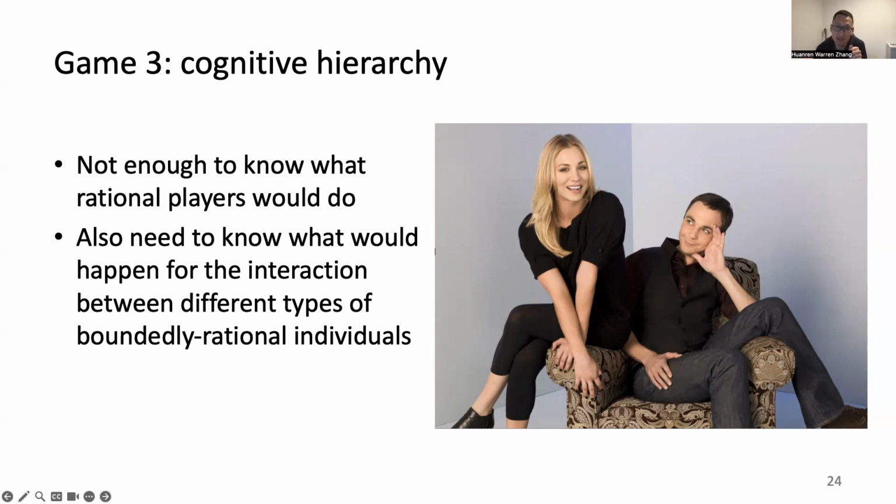So in this case, Sheldon and Penny: Sheldon can be considered a rational thinker in this game. He would probably choose 0. Penny can be considered a level 0 thinker, who just randomly chooses a number.